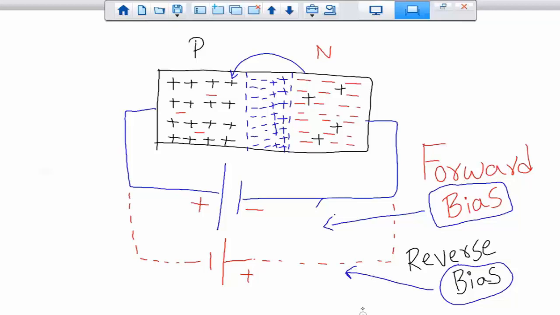Again, biasing only implies application of the DC voltage to make a device work properly. Bias, or biasing, is a term used whenever you apply DC voltage to a device to make it work.